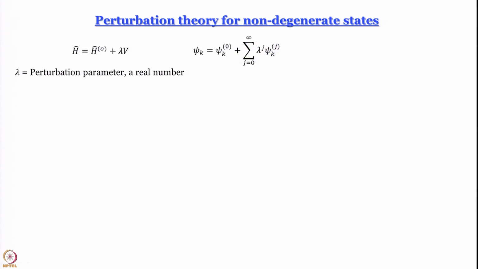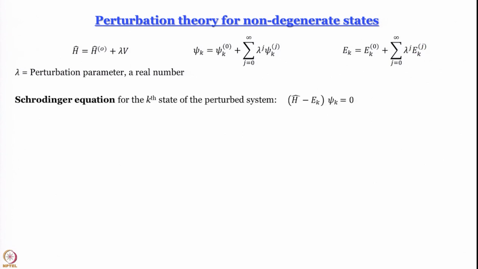So this lambda gives us a module to handle the entire problem using one parameter. That is the good thing about it, and we will see how we can get nice systematic results by taking this approach. The expression for energy is very similar in form to the expression for the wave function. E k is equal to the unperturbed energy for the kth state plus the sum over lambda to the power j E k jth. Alright. So, this is the formulation.